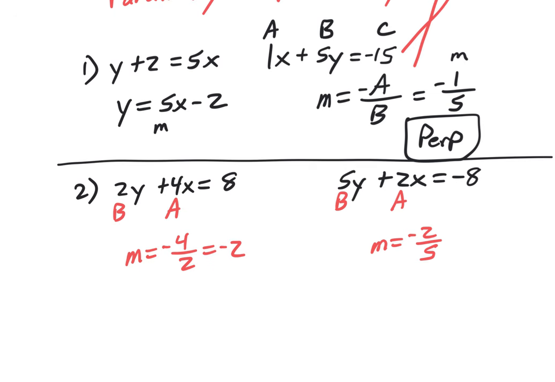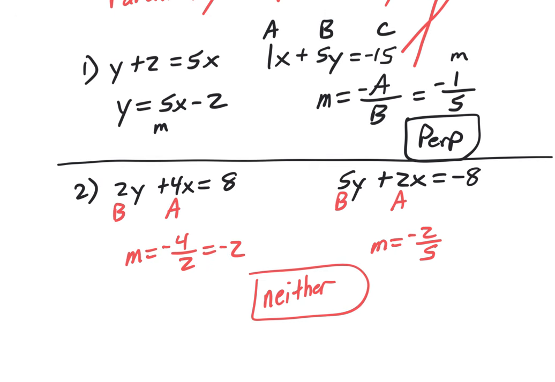Are they perpendicular? No. So here we would say neither. Just got to find the slope. Slope tells us everything. Are we allowed to change 4 over 2 to this negative 2? Yeah, you're good. Probably would rather you do that too.